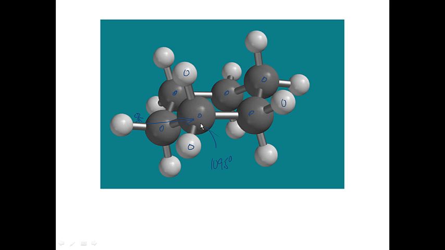So by puckering this ring, the cyclohexane makes perfect 109.5 degree bond angles, but it also avoids any of the hydrogens eclipsing each other. And so this is the most stable of the rings, and we're going to find out for Friday's lecture that this is actually called the chair conformation of cyclohexane, and it's the one that's the most stable.